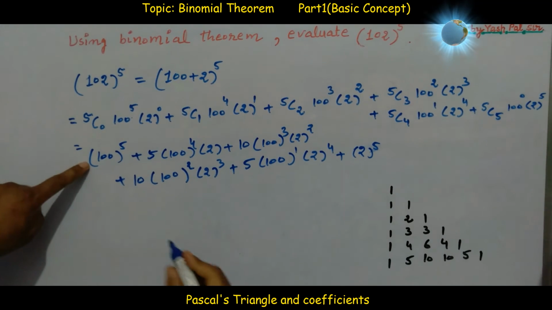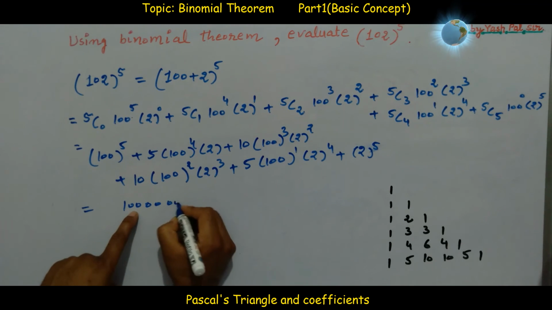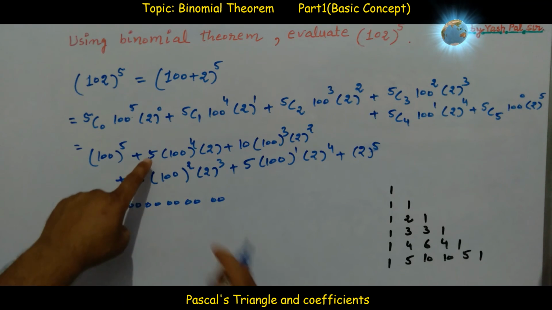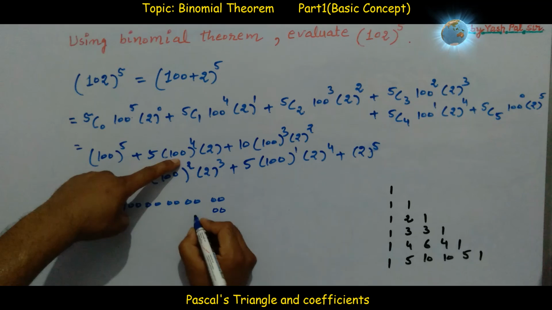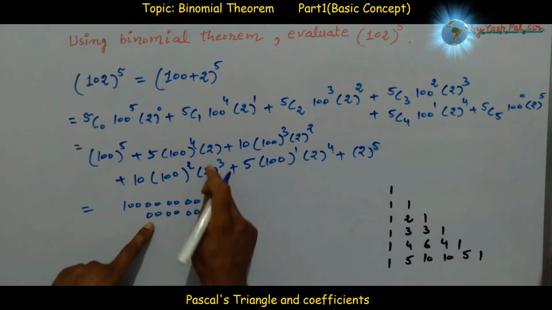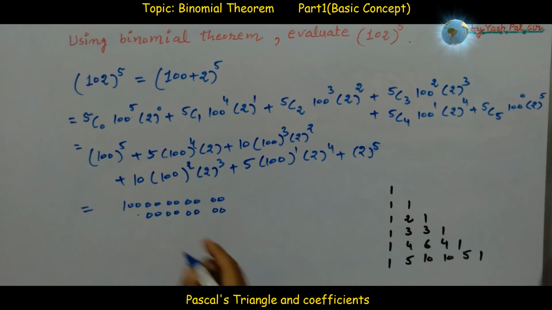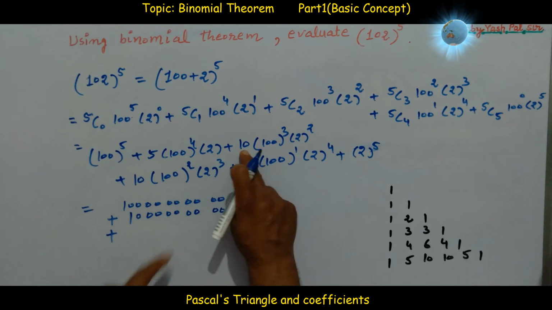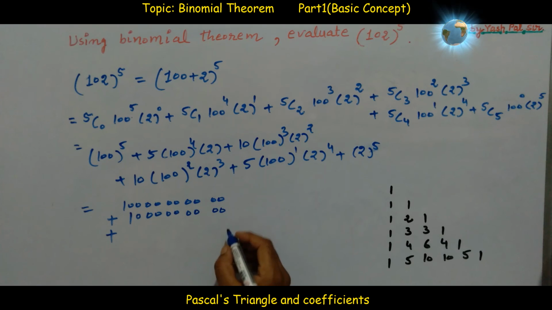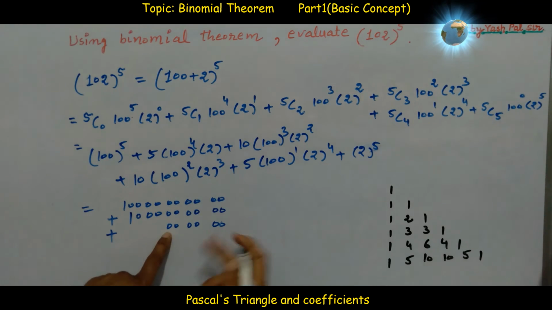Now the first term, 100 raised to the power 5, is 10 billion. Here 5 into 2 is 10, 10 into 100 to the power 4, which is 1 followed by 8 zeros, so that is 10 followed by 10 zeros. Plus sign. Next, 2 into 2 is 4, 4 into 10 is 40, so 40 into 100 cubed, which is 40 followed by 6 zeros.